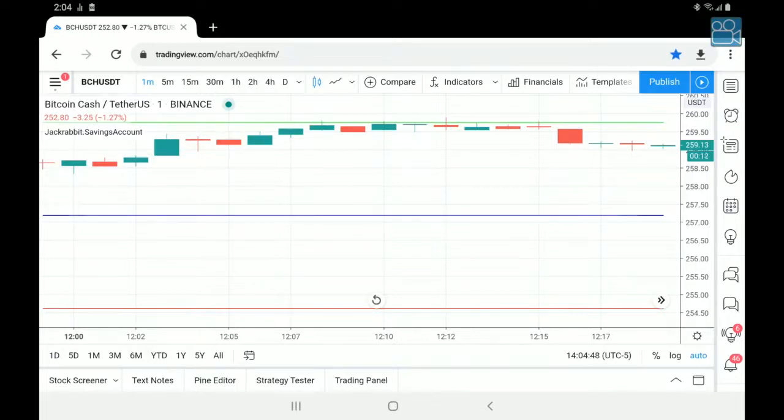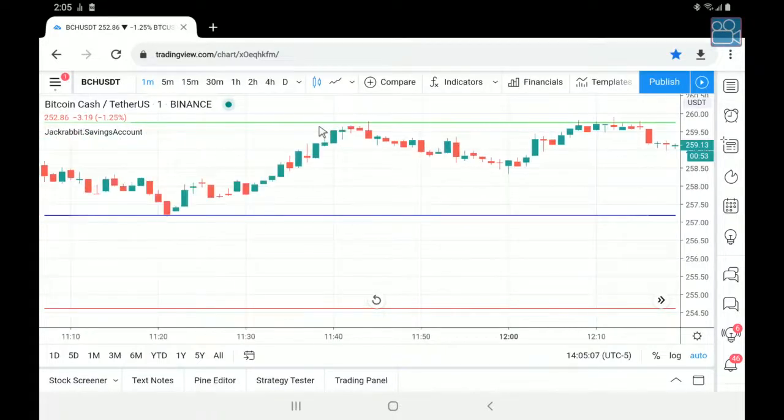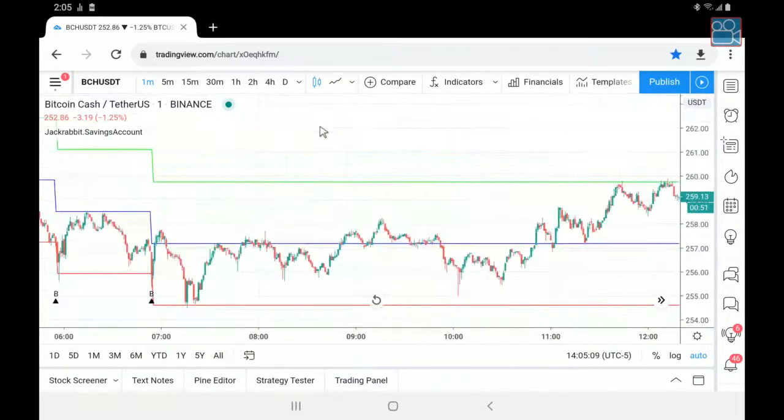And because of that, it did not generate a sell signal. Near misses don't count. Near miss here, near miss here, near miss here. They don't count. They're not going to happen. This is why I stay with take profit only, for speed and efficiency.